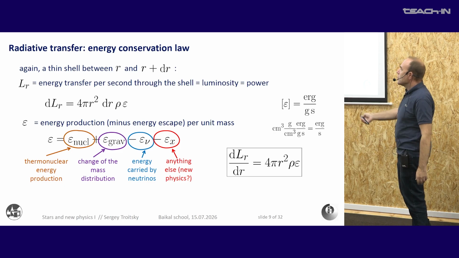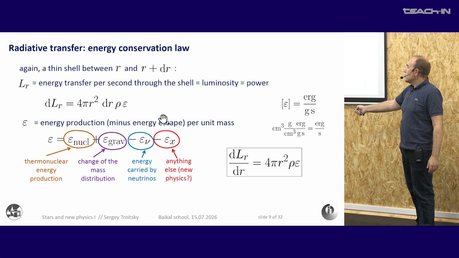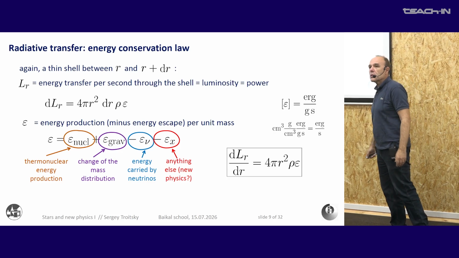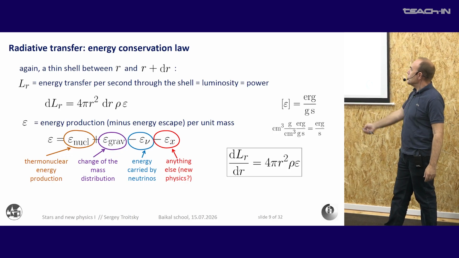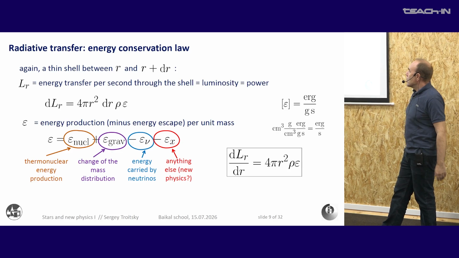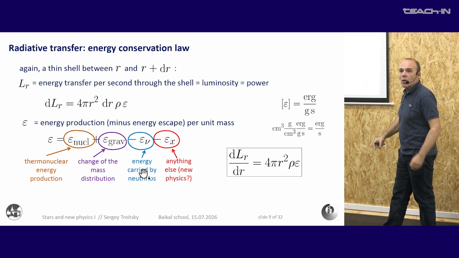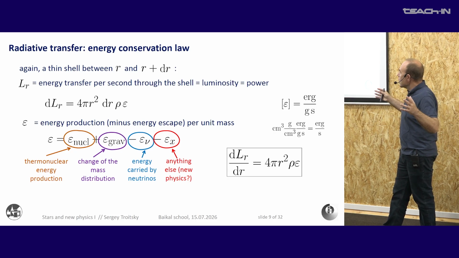And of course, it can have some unknown contribution from any new physics processes or particles which might be produced, for instance, which may compete with neutrinos in carrying energy away from the star.